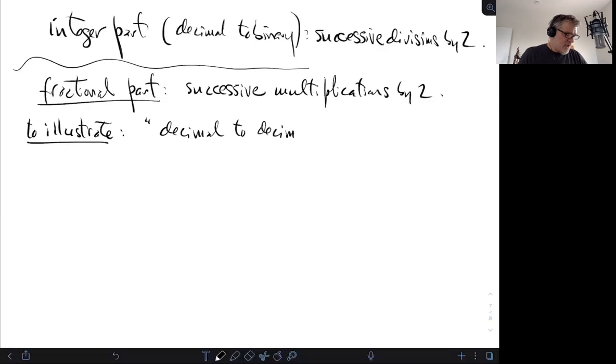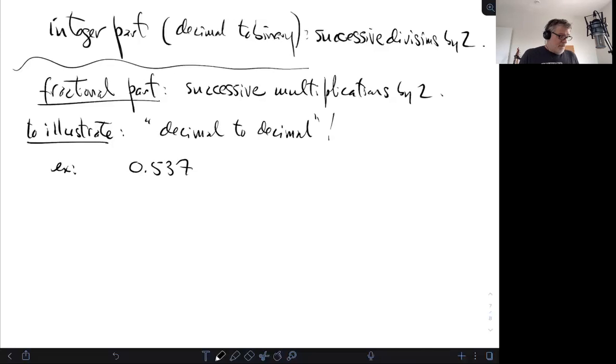So I want to extract the decimal places of a fractional number written in decimal. Let's say 0.537. I'd like to get an algorithm that extracts these numbers 5, 3, and 7 one after another. So here's a way.